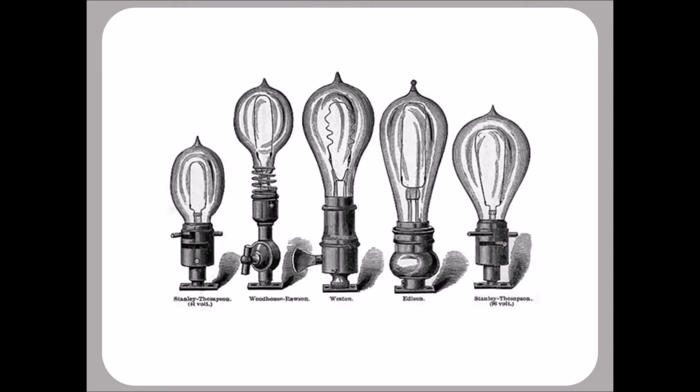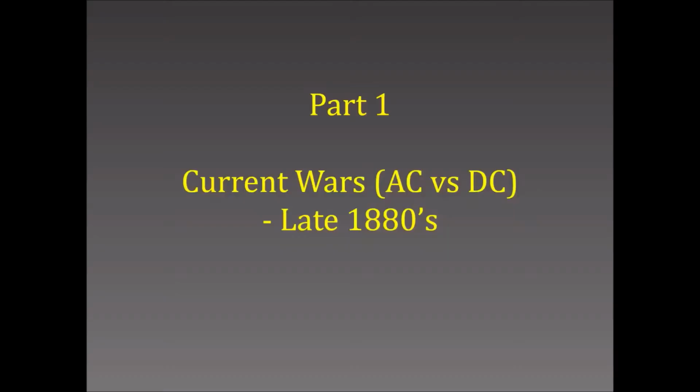And here's some of the other pretty looking ones from that period. So we get into part 1, the so-called current wars. Well, I'd never heard the term current wars until I saw the film last year, which I thought was quite a dramatic title, although enigmatic as well. A lot of people wondered what it was about.